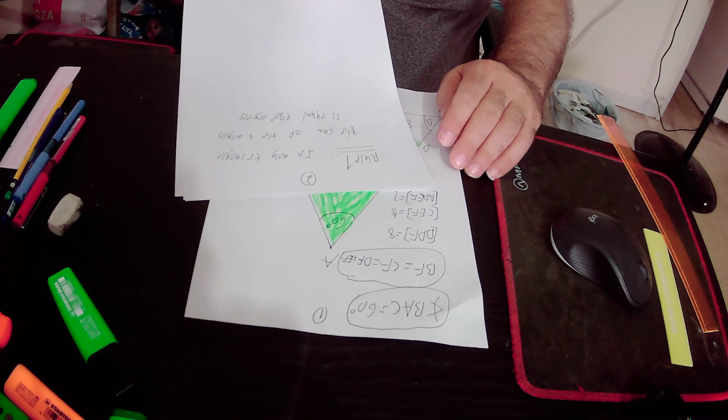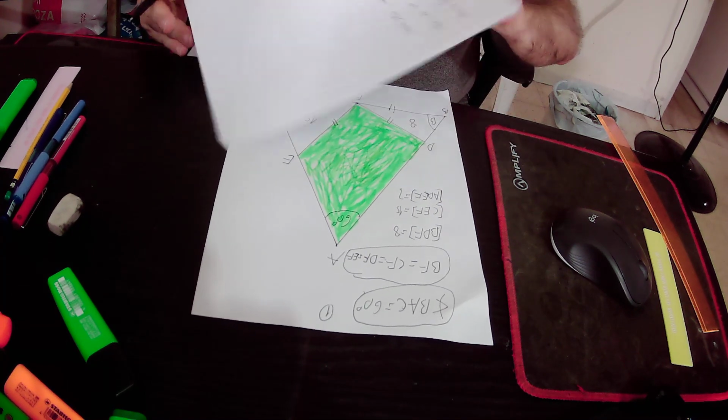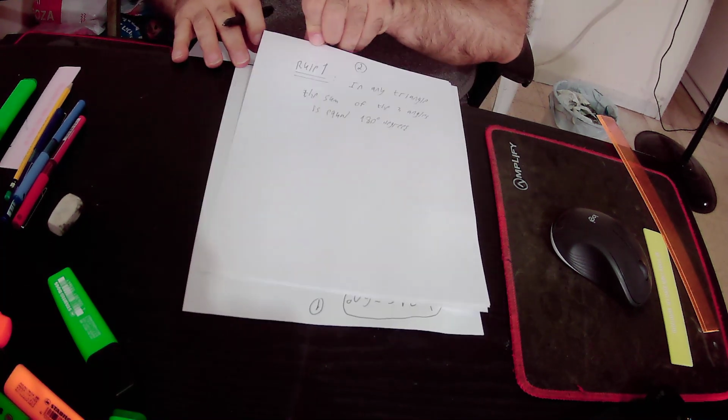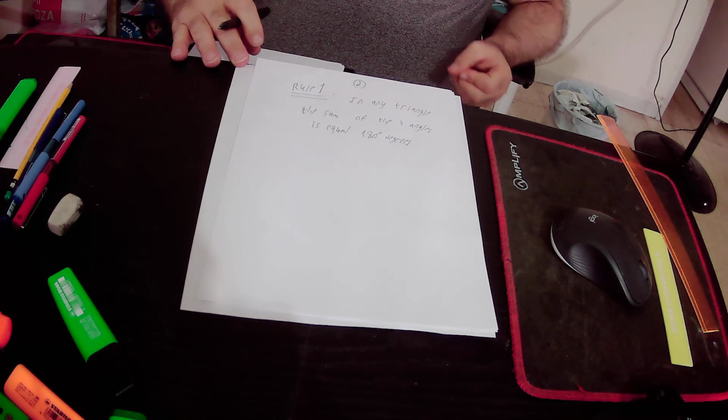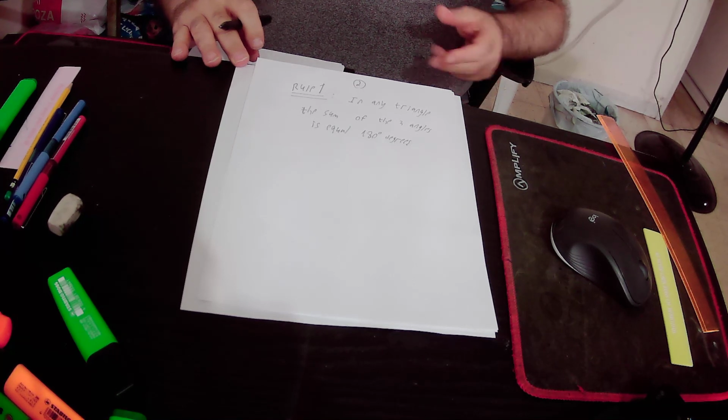I will read rule number 1 again. Rule number 1 states that in any triangle the sum of the three angles is equal to 180 degrees.